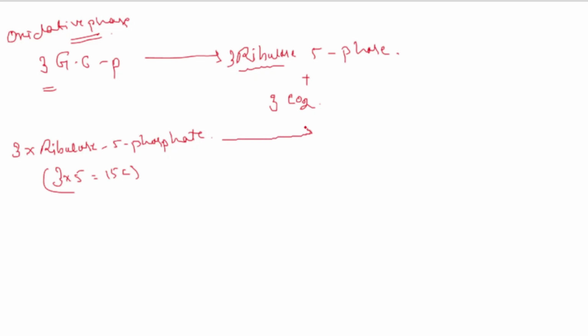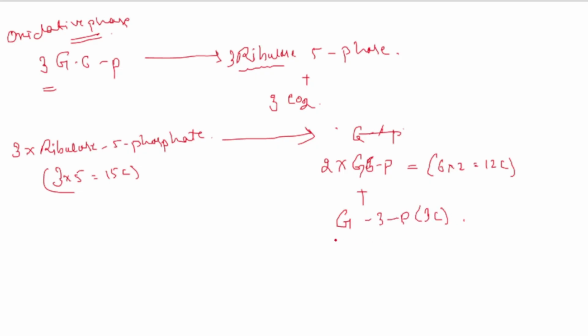From this we have to generate 2 molecules of glucose 6-phosphate, so 6 into 2 equals 12 carbons, plus we will get glyceraldehyde 3-phosphate, the 3-carbon compound.